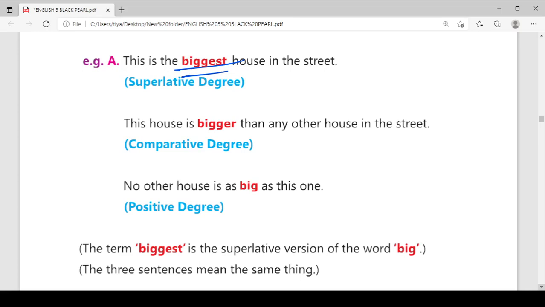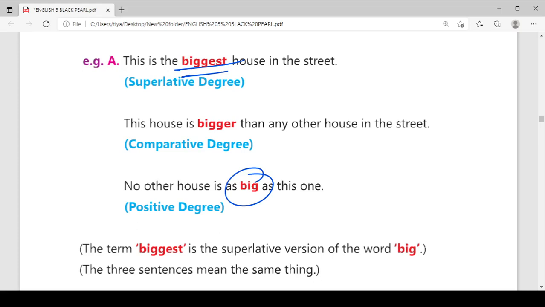When we want to use the positive degree, we always follow this kind of structure: as big as, as good as, as tall as. So whenever we need the positive degree, we use the structure of as.